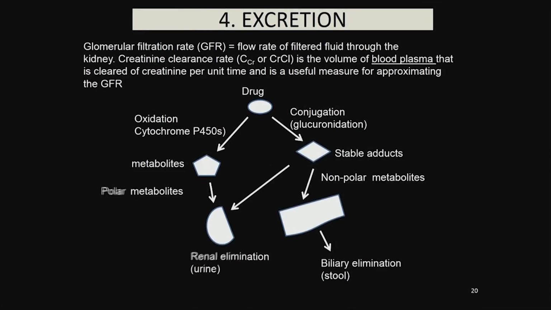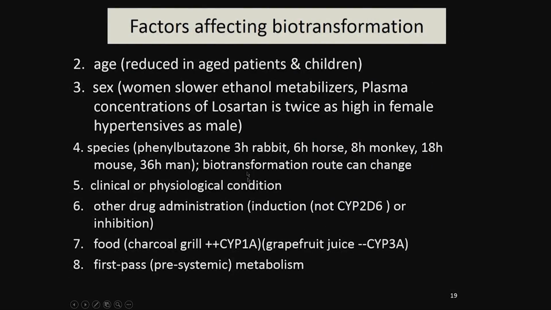So, we find so many factors affecting biotransformation, and a drug can become toxic because of changes in its structural features. The drug can be toxic if certain enzymes which biotransform it do not exist, whereas they may exist in some other set of population.